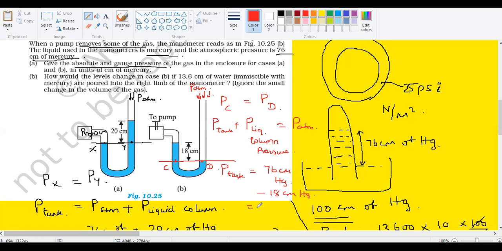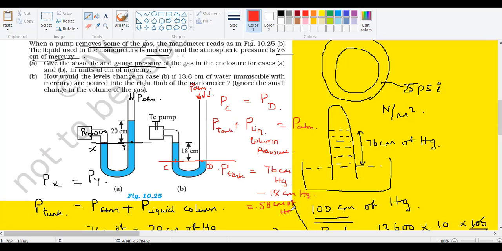76 minus 18, how much is that? 58 centimeter of Hg. Right?